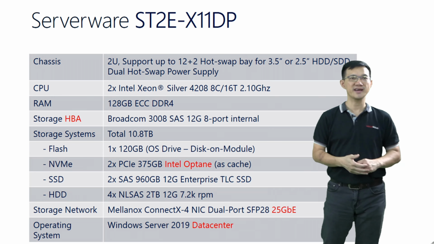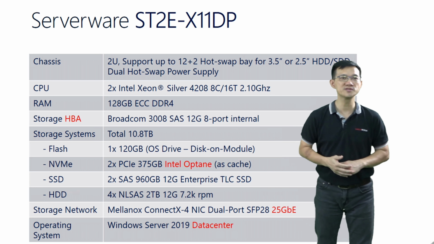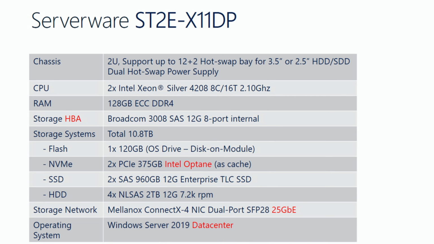Let's go through the spec. This is a 2U server with 12+2 hot swap bays, as you can see on the screen. I'd like to highlight the key components highlighted in red. Look at the HBA, which controls all the disks. In order for Azure Stack HCI to run properly, we must not use a RAID controller card.